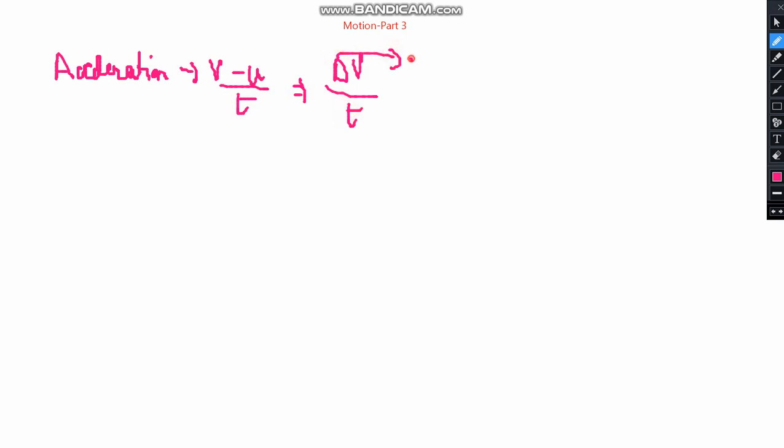But as I already taught you about acceleration, a quick revision. Acceleration is basically (v minus u) by t, or change in velocity, delta v, by time.